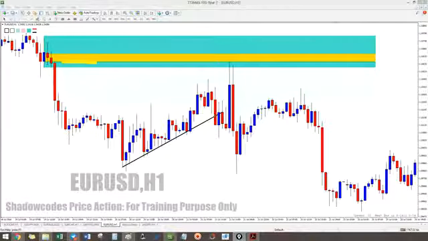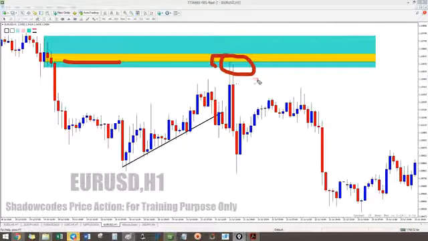I think I need to change the other color. Where to change the color? Green. Okay, it's not good. Which color do you want to use? Is there any red here? No, almost red. Okay, over here is our first imbalance, and over here is where we wait for rejection.